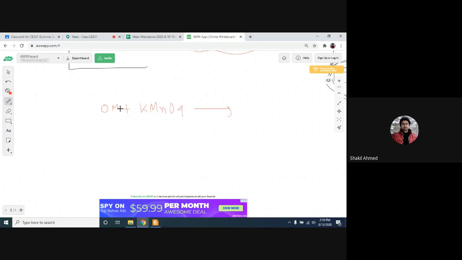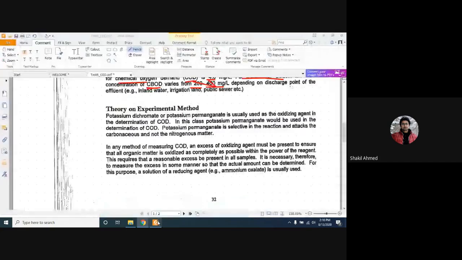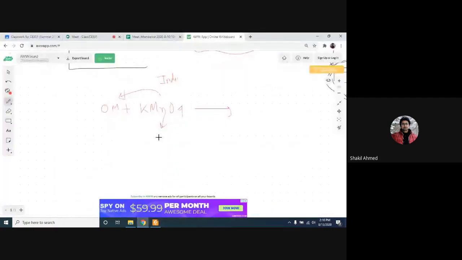While we do titration, we need to know the end point of the titration by using an indicator. What indicator are we using here? Ammonium oxalate. By the way, this potassium permanganate is pink color.